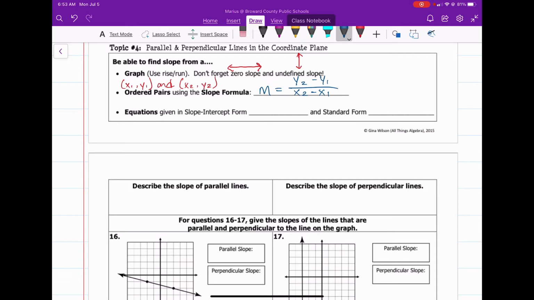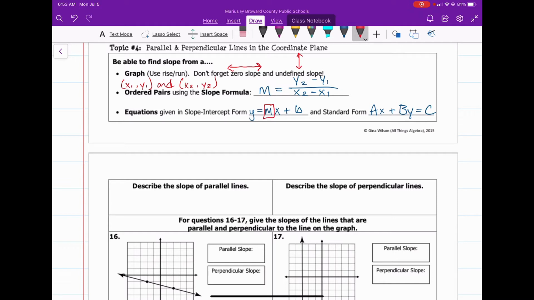They may also give us equations in slope-intercept form, which is y equals mx plus b, or in standard form, which is ax plus by equals c. If it's in slope-intercept form, the slope is the coefficient of x.